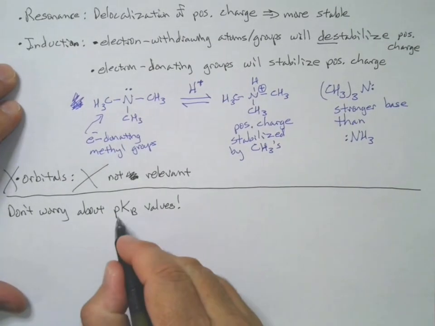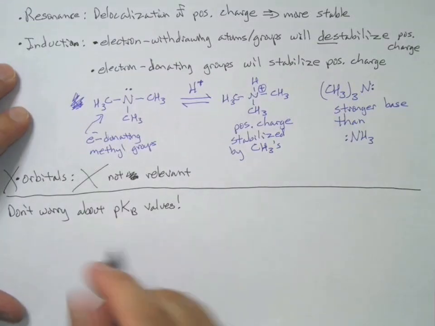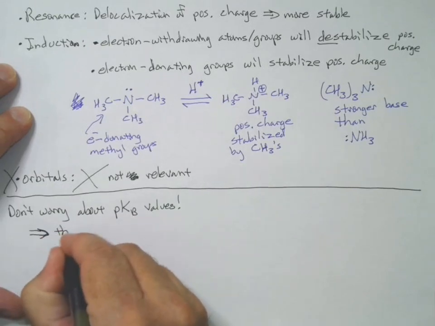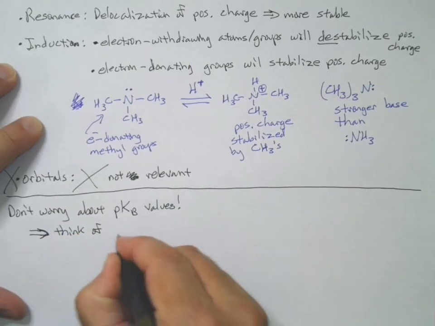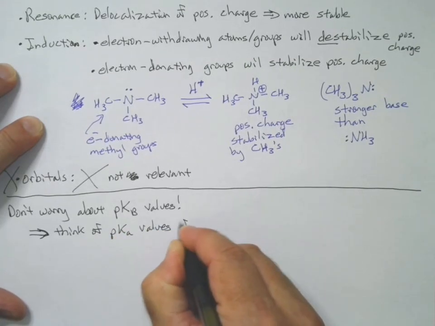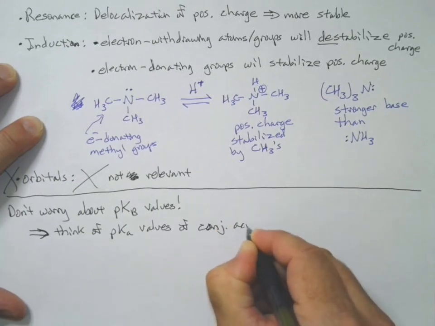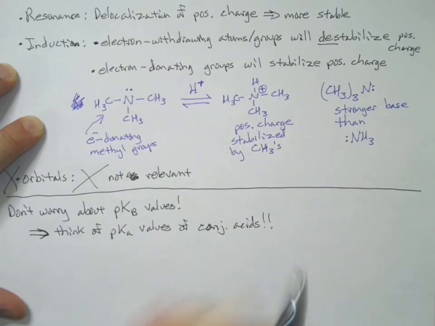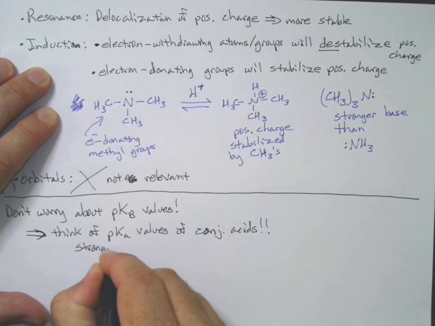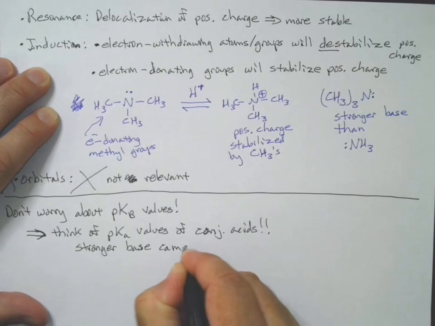Instead, so I don't have to worry about storing pKb values in my head, think of pKa values of conjugate acids. And remember, the stronger base came from the weaker acid.